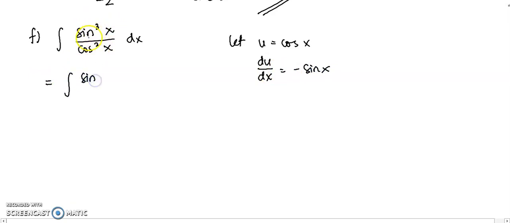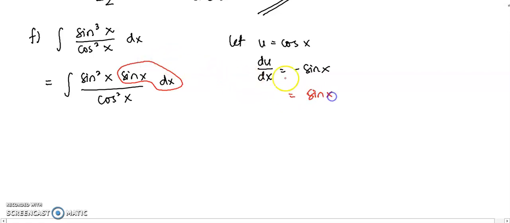When you split the sine power of 3 into sine power of 2 multiplied by sine x, you can see your sine x dx, and this can be replaced by negative du.